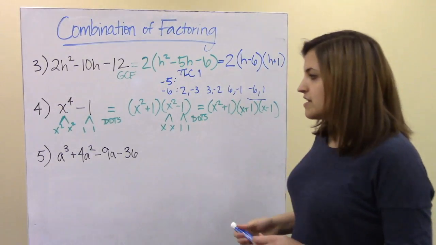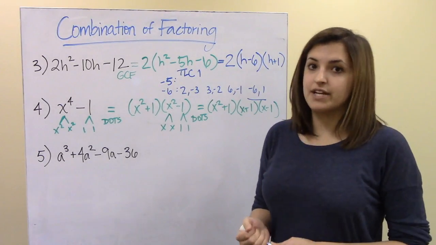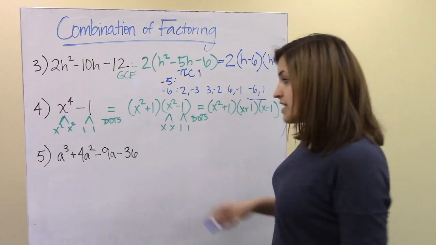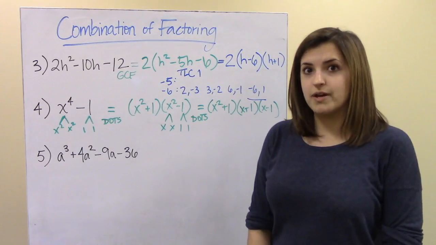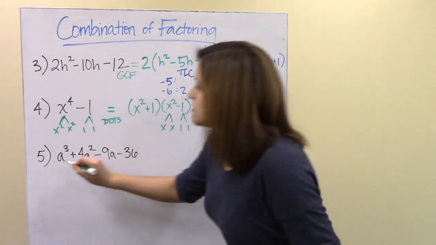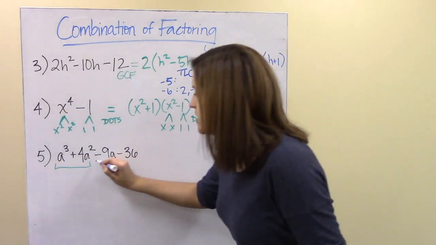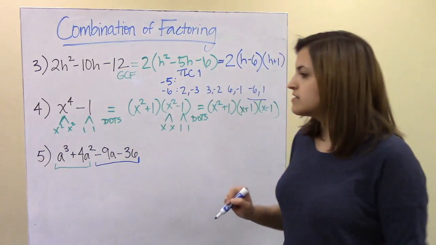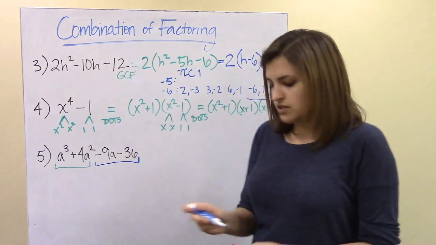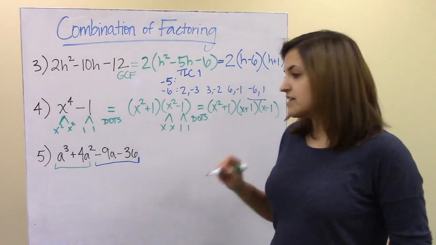So we have a to the third plus 4a squared minus 9a minus 36. Now you might recognize this one as looking like a good one to group, and I would agree. So let's group these terms. Maybe the first and second one here, and then the third and fourth one together, negative 9a minus 36. So these first two terms here have a greatest common factor of a squared.